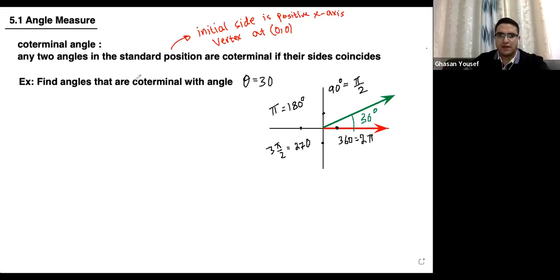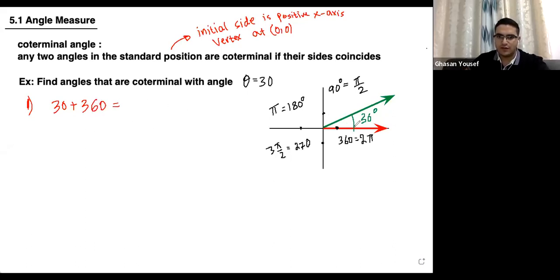So the question: find coterminal angles with the angle theta. To find a coterminal angle with the angle theta, you have to add 360 to this angle. So the first coterminal angle, number one, is theta plus 360. This is the first coterminal angle.